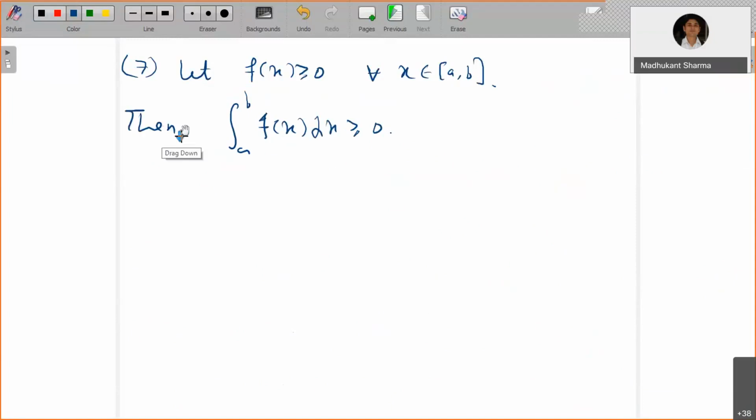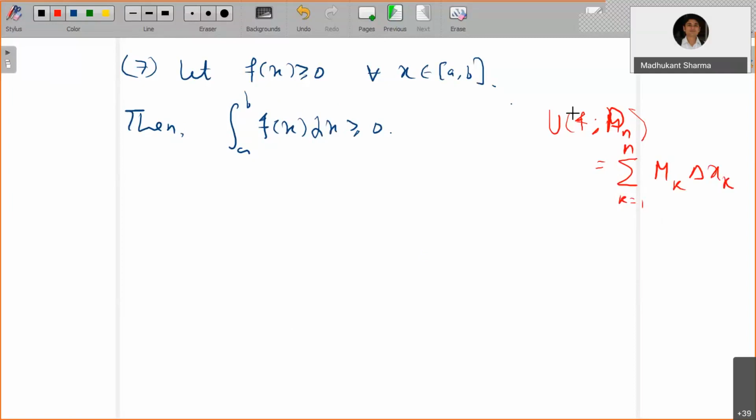Whenever f is Riemann integrable, the integration a to b f of x dx is nothing but the limit of U(f, P_n). And if you look back at the definition of U(f, P_n), it is the summation from k equals 1 to n of M_k times delta x_k.